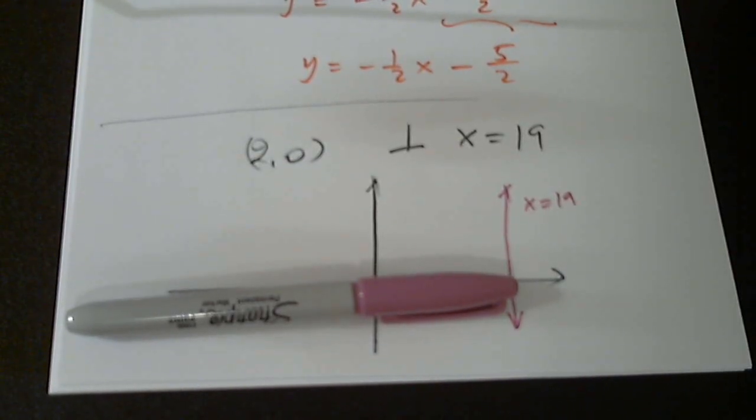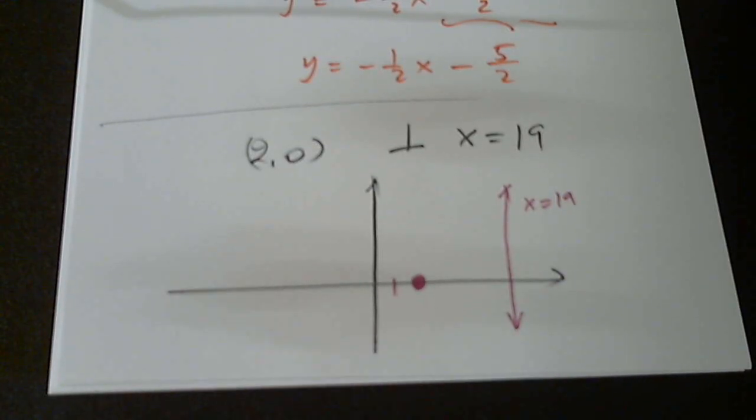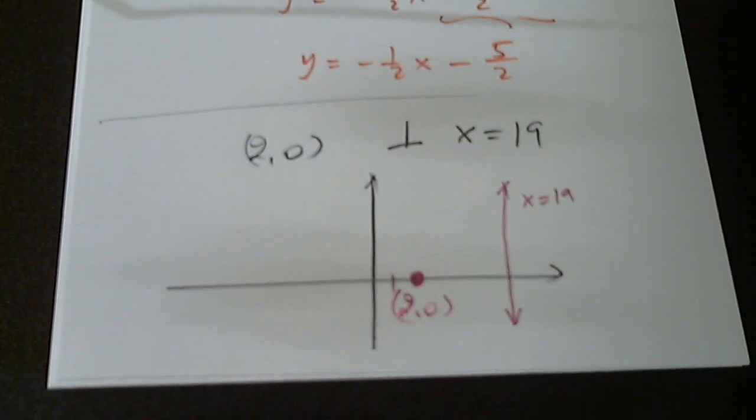Can anyone tell us which line passes through (2, 0) and is perpendicular to x equals 19?